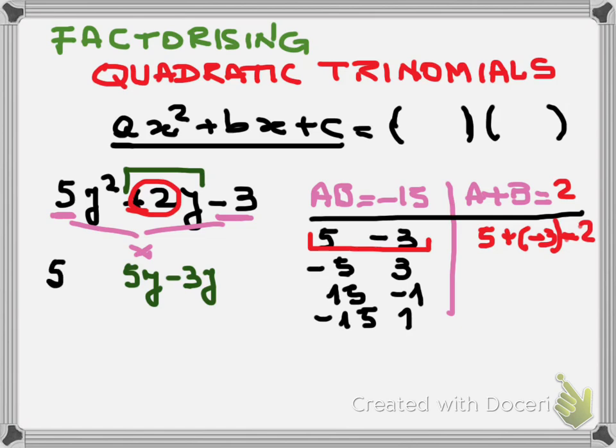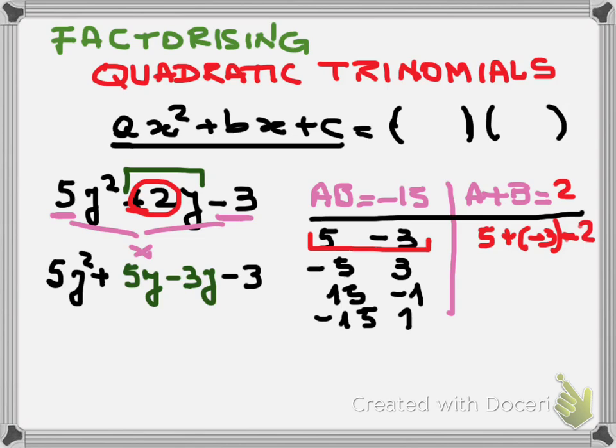So 5y squared plus 5y minus 3y minus 3, where 5y minus 3y is equivalent to 2y. Now, as you can see, instead of having 3 terms, which was the original number of terms, I am going to have 4 terms.